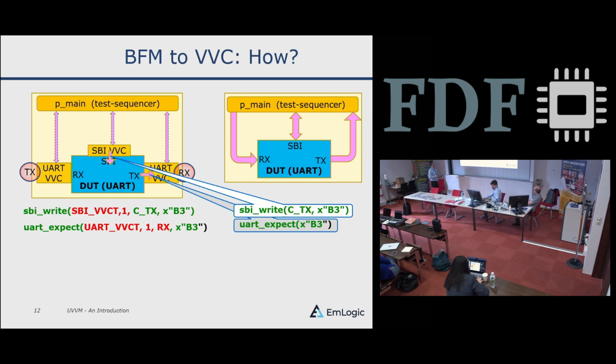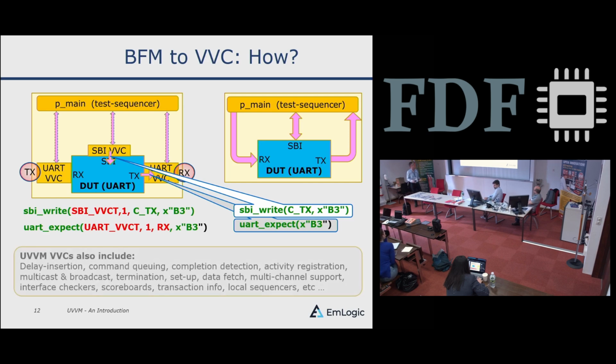So we have to add a few more parameters. For the SBI, we have to say it goes to the SBI verification component target, instance number 1, because of course there could be multiple instances of that. And for the UART, we also added RX and TX parameters. So that's basically the only difference you'll see in the test sequencer.